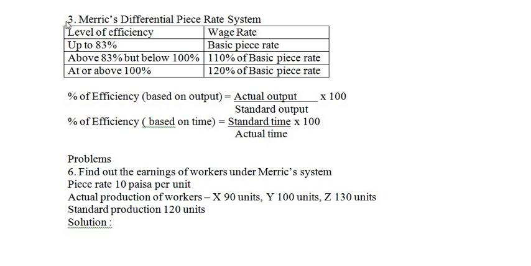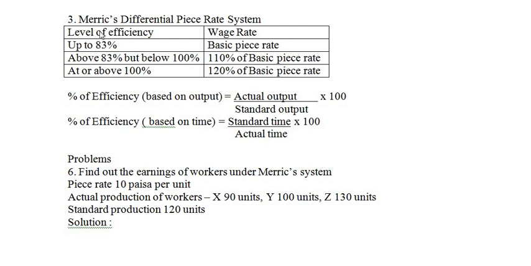In today's class, we'll be starting with Merrick's differential piece rate system. Now in Merrick's differential piece rate system, the efficiency of workers will be calculated and wages will be paid based on the efficiency level of the workers. Based on their efficiency, the wage rate will be fixed.